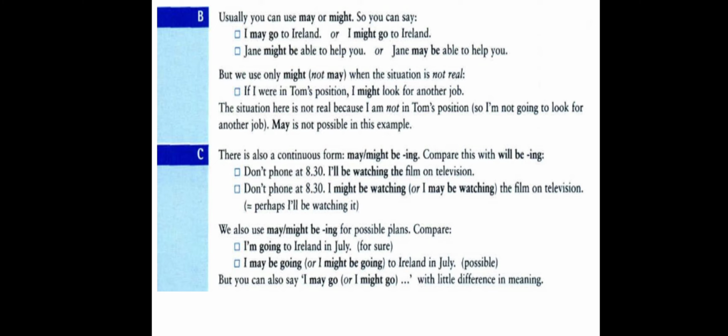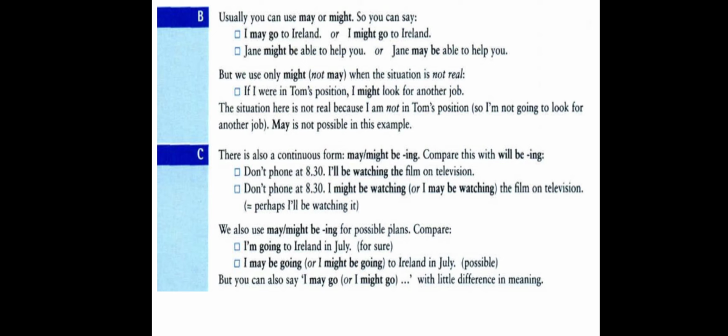If I say I am going to Ireland in July, we use present continuous to express a future arrangement. Here I am sure. I have the plan and maybe I bought the tickets. So I am sure about it. So I use present continuous for future plans.